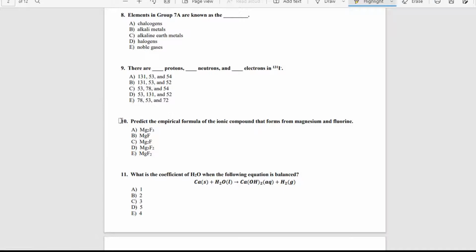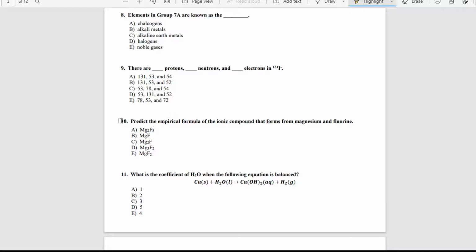Yeah. Okay. This one's actually easier than you might expect because empirical formula is the lowest total number ratio, but any ionic compound, you're going to use the empirical formula, right? Because there is no such thing as a molecular formula for an ionic compound, because what happens with ionic compounds is you have positive charge, negative charge, positive charge, negative charge, and then onwards to billions and trillions of atoms.